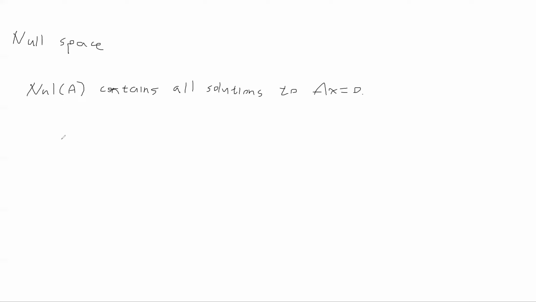Another way to describe this is, let some vector x be in the null space of A. Then for sure, we know that Ax is going to equal the 0 vector. So the null space contains all the solutions to this equation right here, Ax equal to 0.